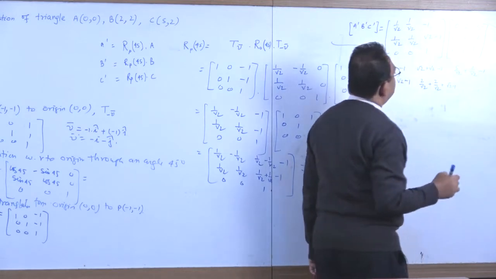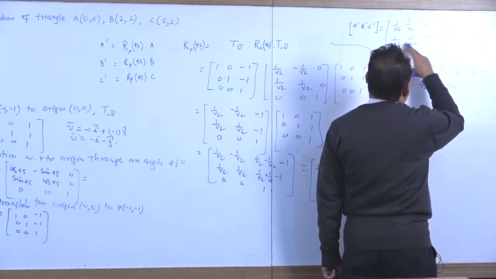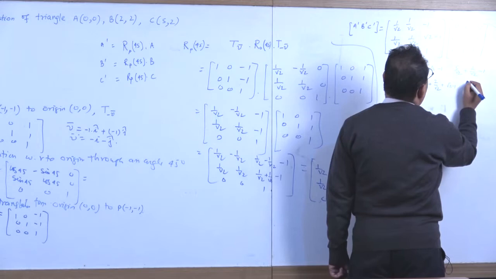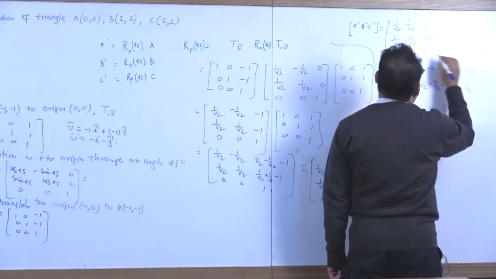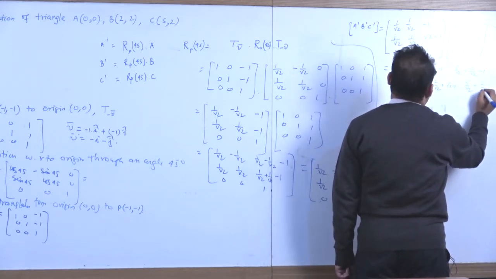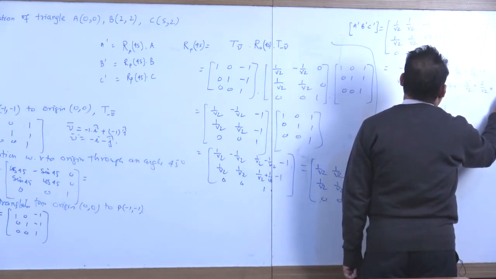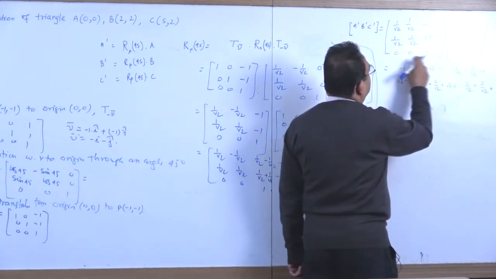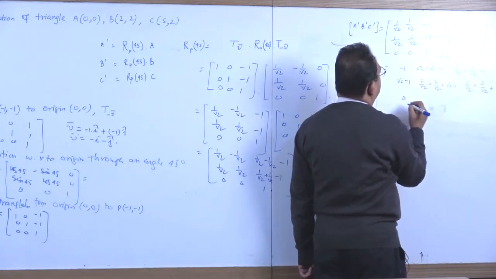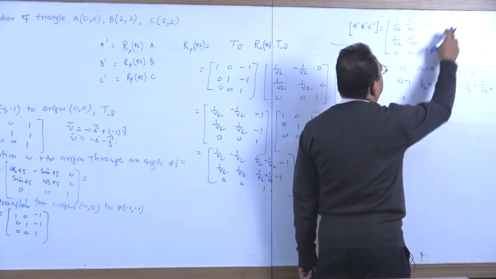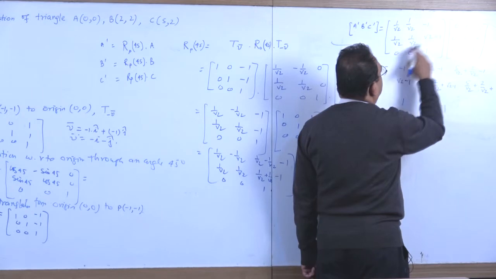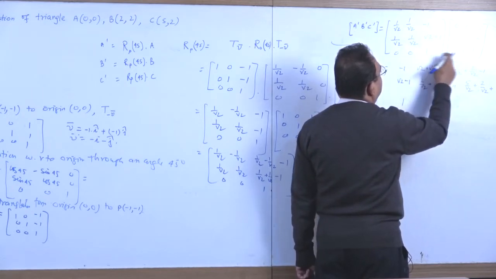So, this is for the second one, and for the third one is this into this, that is 5 by root 2 plus 2 by root 2 plus root 2 minus 1, and this into this, that is 0, this into this, that is 1, 0 into 0 plus 0 into 0 plus 1 into 1, that is 1.